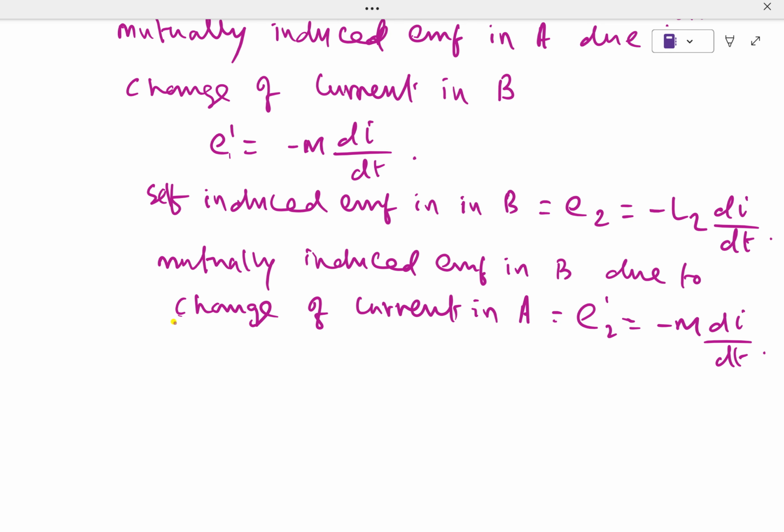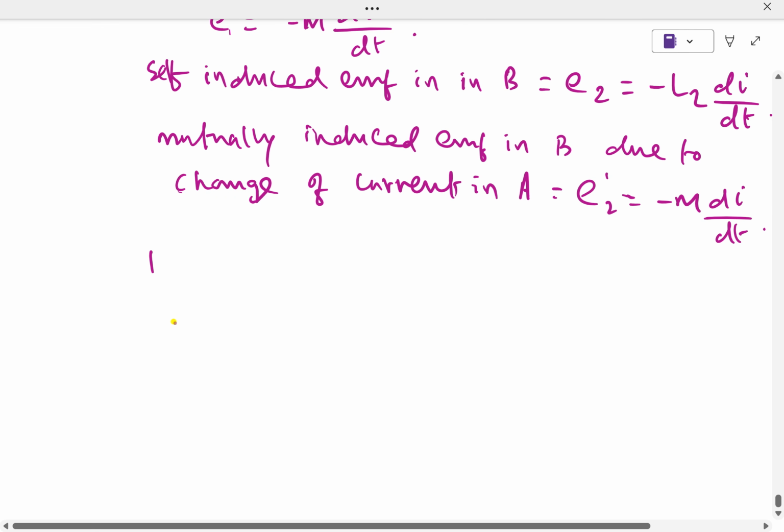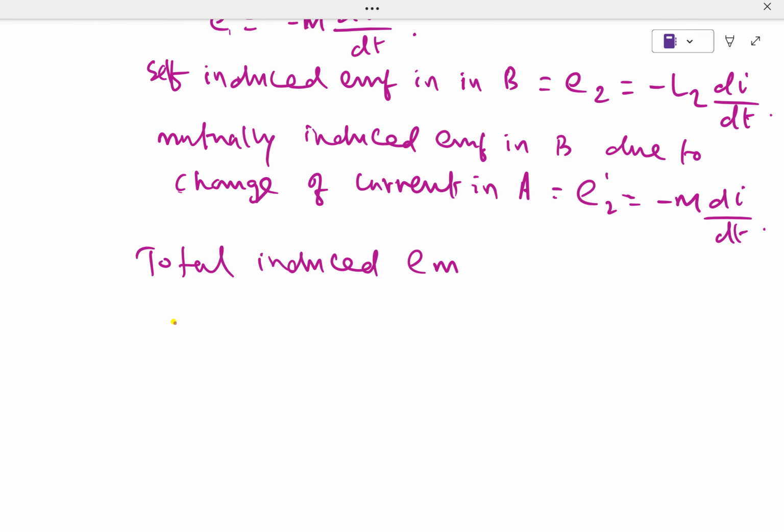Therefore, the total induced EMF is given as, look at here, di by dt of L1 plus L2 plus 2M.